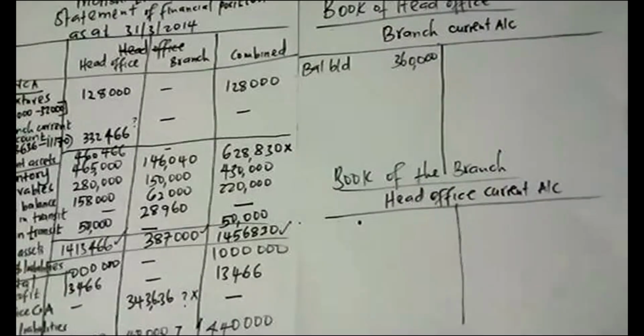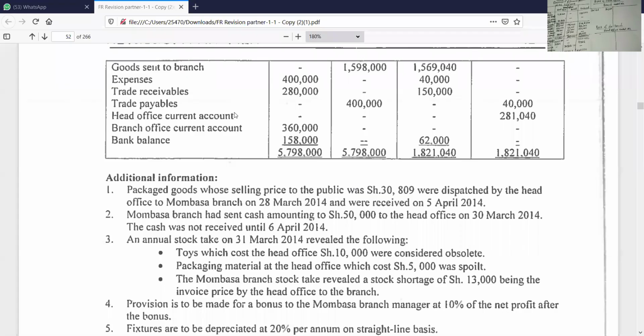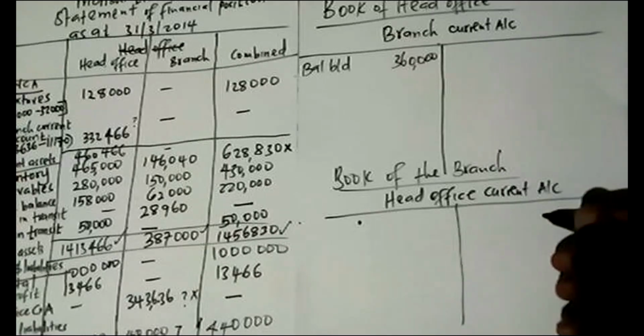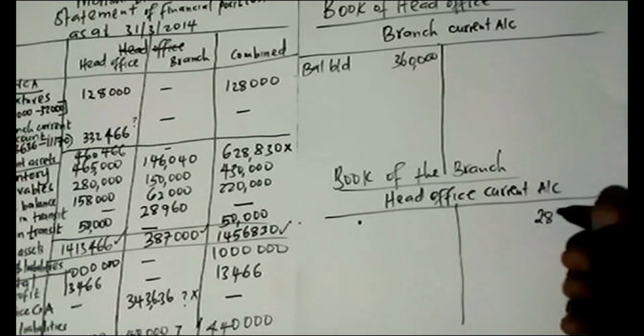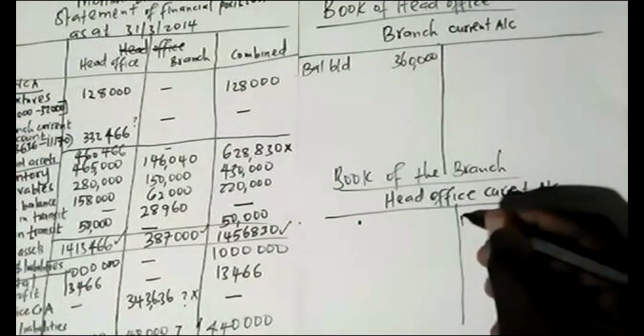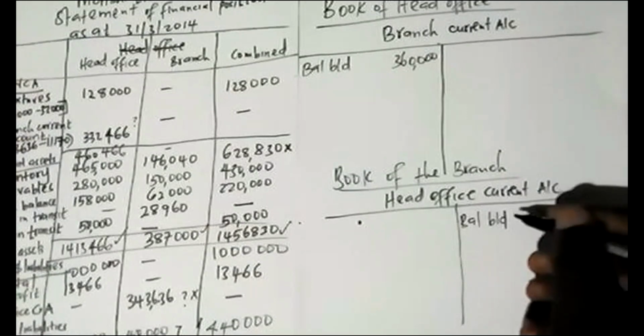Then for the branch, it maintains the head office current account. You can see the head office current account is on the far end under the column of the branch, and it's on the credit side. So I will bring down by crediting 381,040. I will record here 381,040, balance brought down.